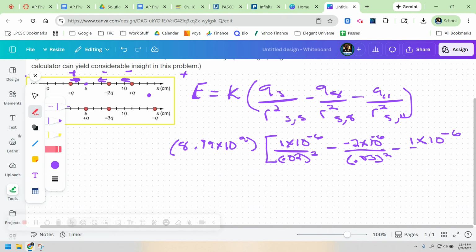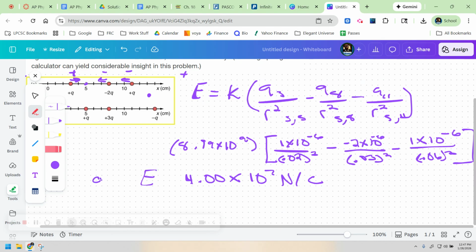Positive charge, the field will be in the negative direction though. And then from 5 to 11, I think it's 0.06, right? Yeah. So 0.06 squared. And if I plug that into the calculator, I'm going to get roughly 4.0 times 10 to the 7 newtons per coulomb. Okay, so that's my electric field.